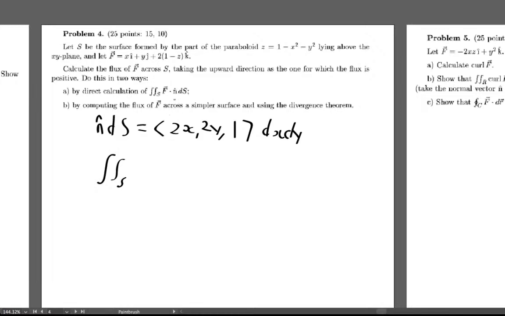The dot product would be 2x squared plus y times 2y, that's 2y squared, so plus 2y squared, and then plus 2(1 minus z). In here, 1 minus z you want to replace by the z that you gain, which is 1 minus x squared minus y squared, so 1 minus z is x squared plus y squared, dx dy.